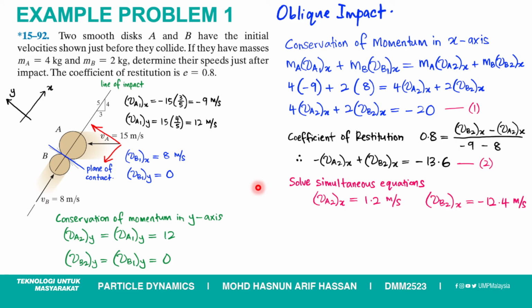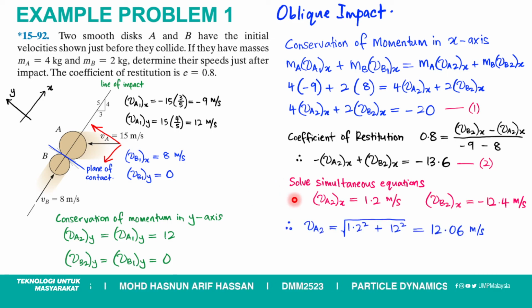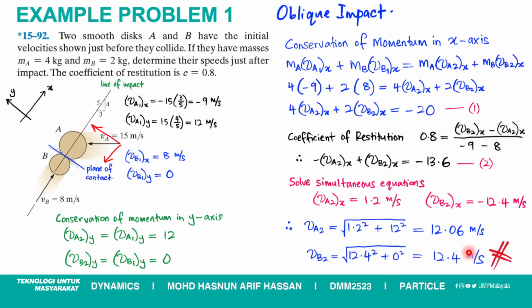Now only you can calculate the magnitude of the velocities by using this. VA2x squared plus VA2y squared, square root, you're going to get VA2 of 12.06 meters per second, and VB2 you do the same, you're going to have 12.4 meters per second.